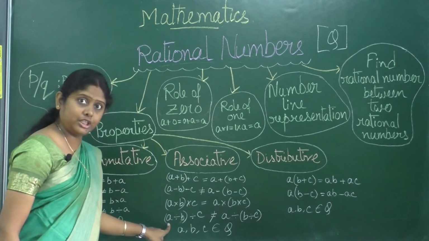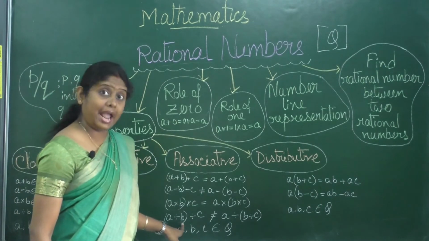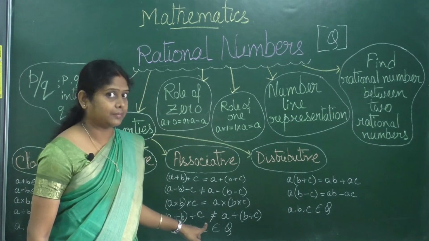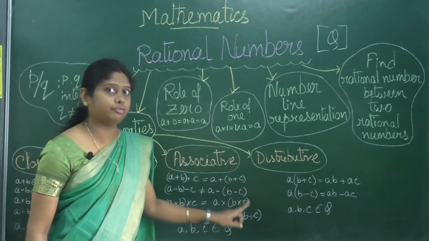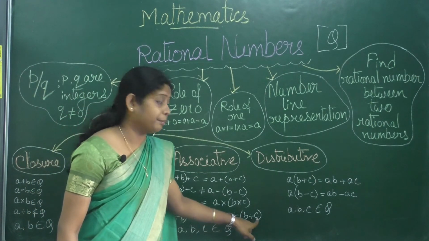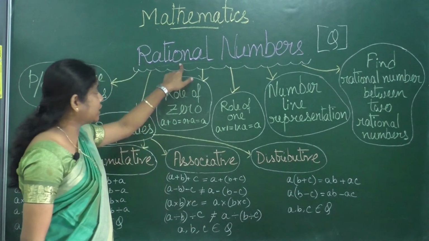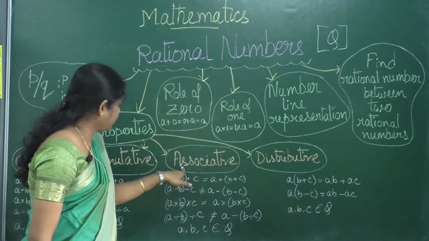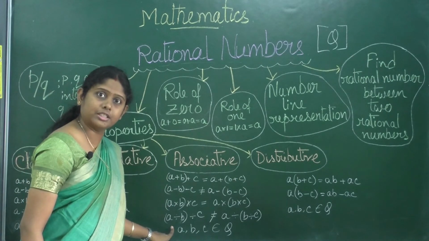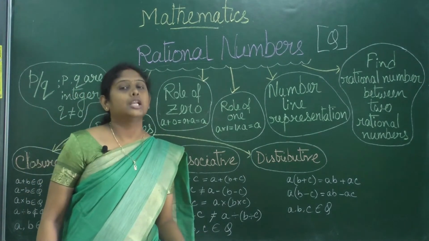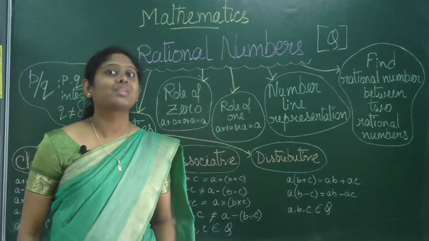But for division, if we divide a and b first, then c, the answer will be different if we divide b and c first, then a. So, rational numbers are not associative under division. For examples, look at the PPT.